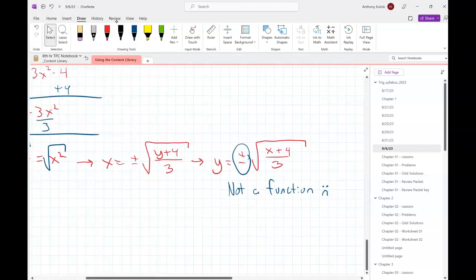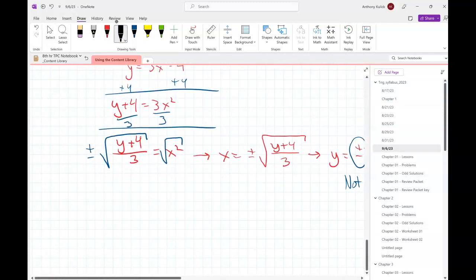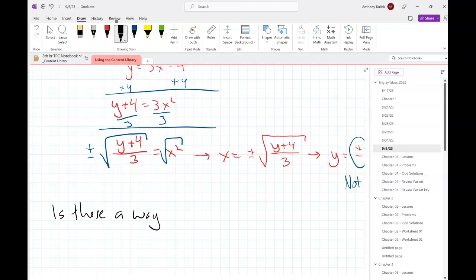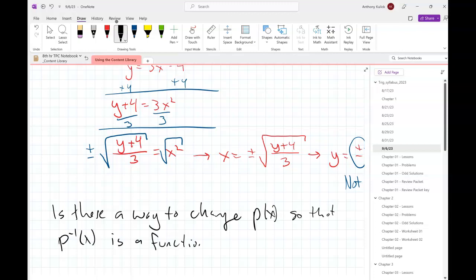So the question should come naturally: is there a way to change P of x so that P inverse is a function, without dramatically changing P of x?